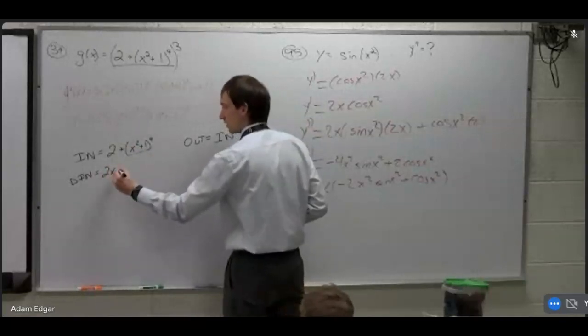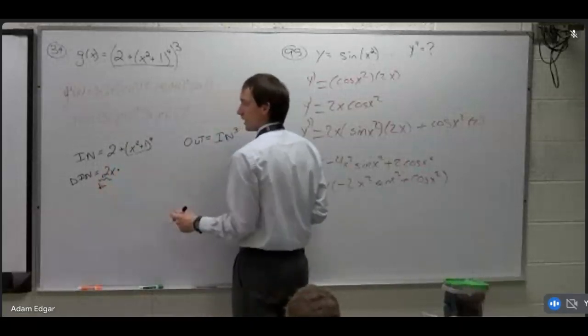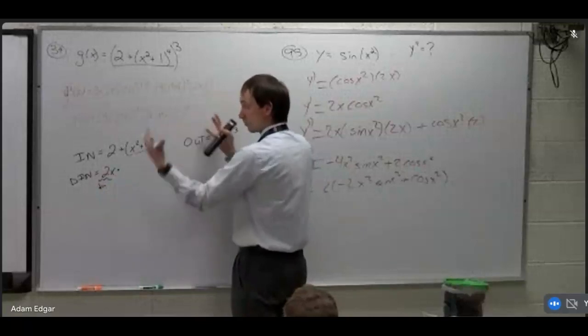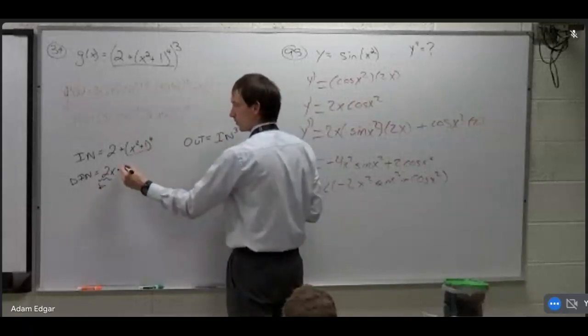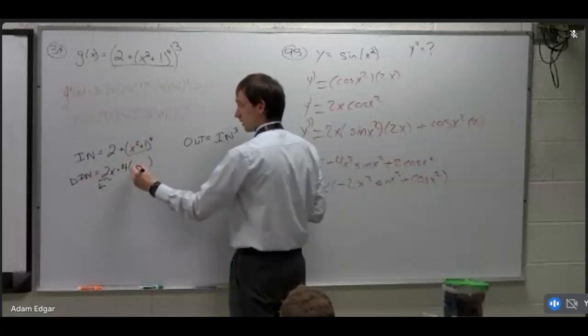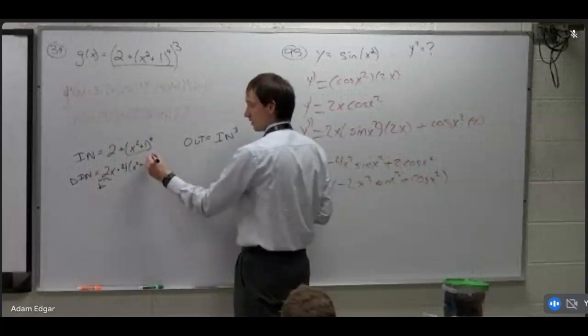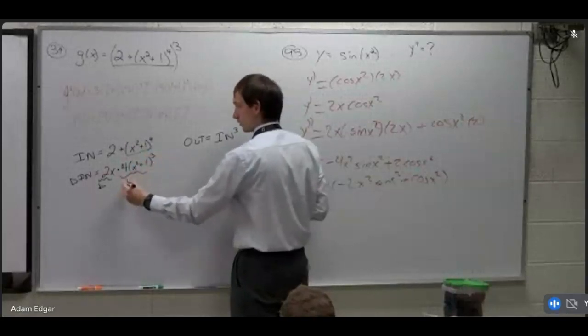And that multiplies, so that's the derivative of little n. And then the derivative of little out is what? 4, and then that inside stuff is x squared plus 1, and it's now getting cubed. So that's the derivative of the little out.